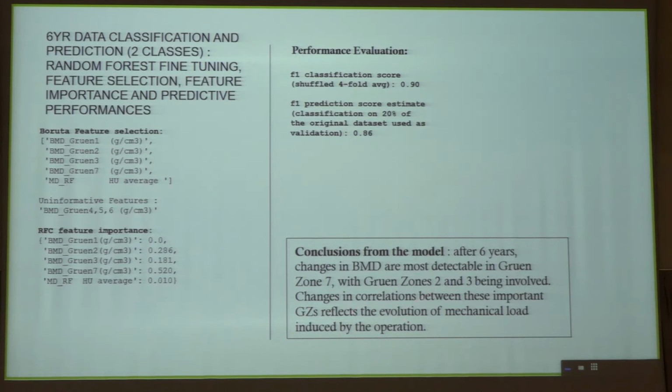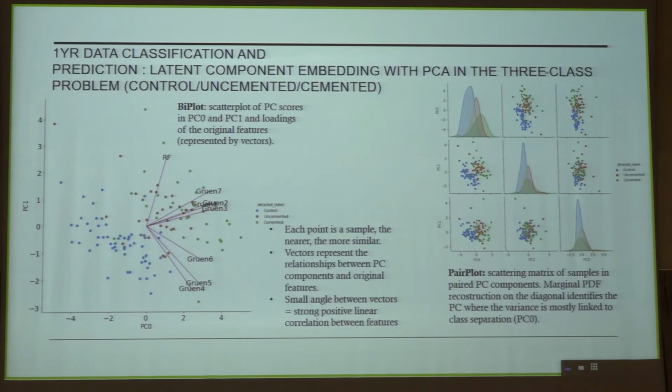So we can conclude that after 6 years, the bone remodeling diffuses also to Gruen zone 7, with Gruen zones 2 and 3 being involved. And the changes in correlation between these important Gruen zones can reflect how the bone remodeling changes through the years.